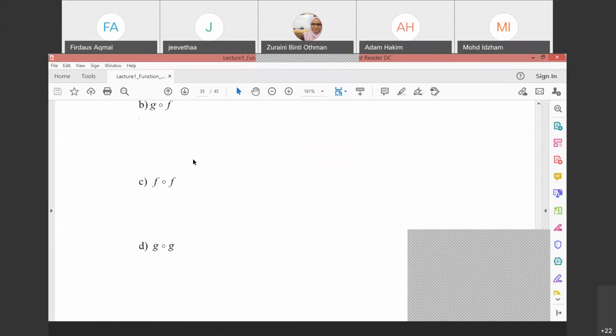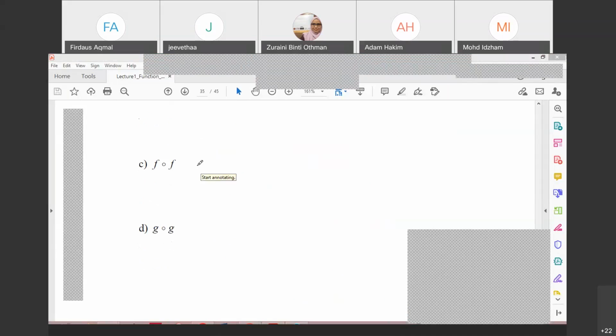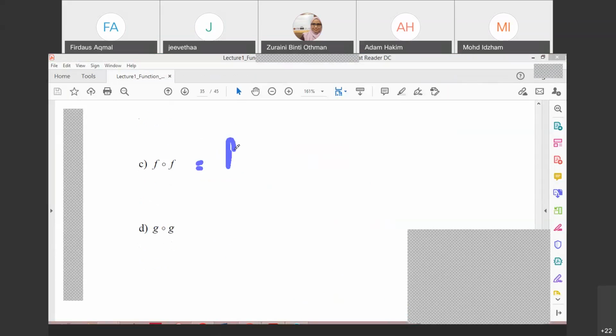Okay, see? F composite F. F composite F meaning that dia akan dapat dalam F tu ada F. Ini sama juga kalau soalan dia kata F kuasa 2. Meaning dia F composite F juga. Kalau G kuasa 2 pun G composite G. Macam tu. Okay. Maksudnya dalam F ada F. Maksudnya kat situ F kita ialah punca kuasa X, right?